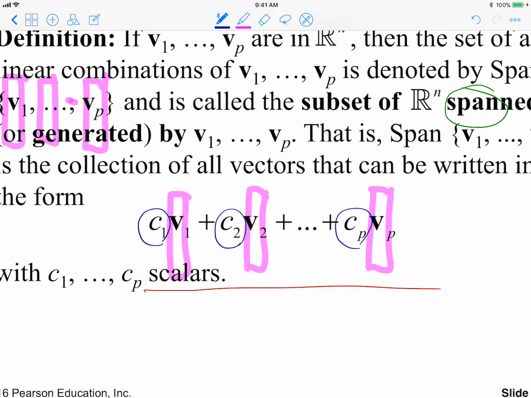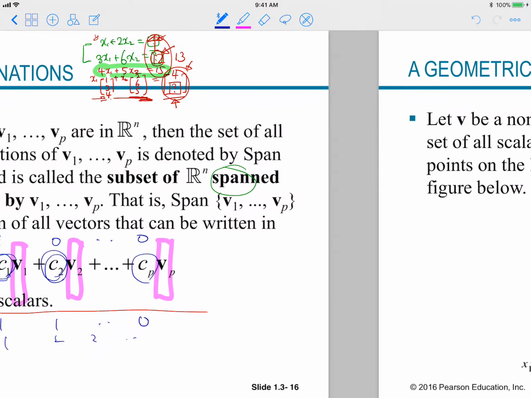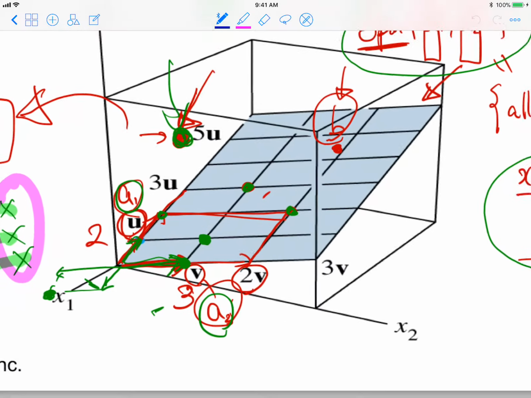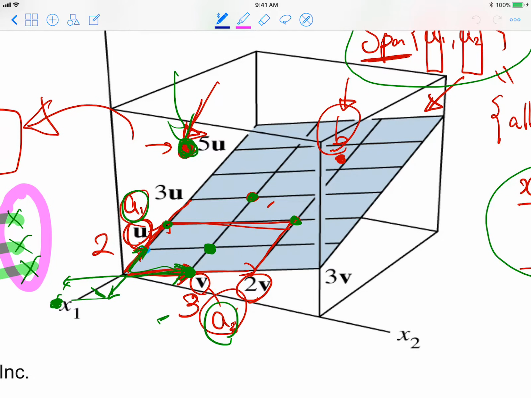So sometimes it can be 1, 0, and 0, 1, 1, 0, and 1, 2, 3, and so on. By freely changing these linear combination coefficients, we collect all these points.